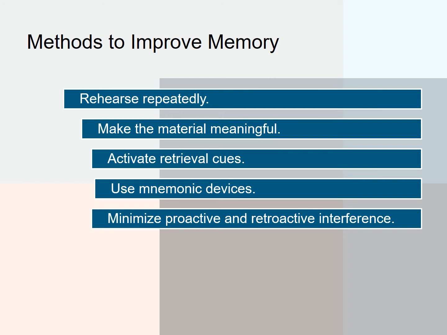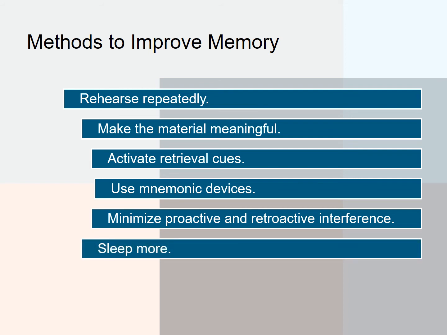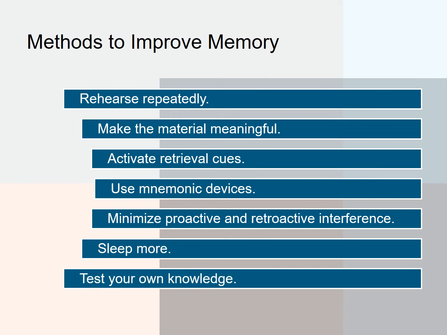Minimize proactive and retroactive interference. So when studying for a certain something, don't study for the next thing right away. Sleep more, because that's the time when your brain puts things into long-term storage. And test your own knowledge.